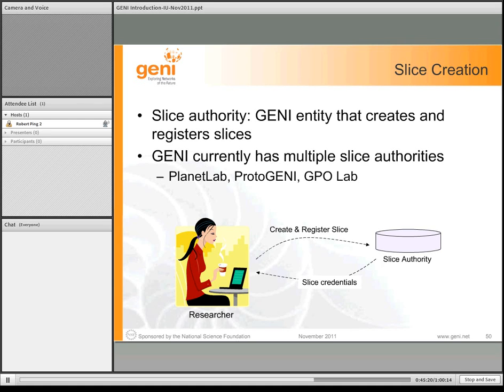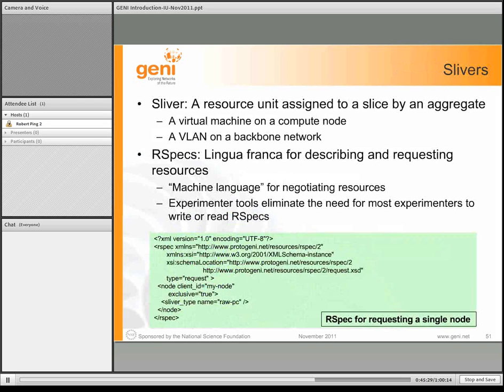So then you have a slice, and now you add resources to the slice. In GENI, resources that are assigned to you are called slivers. A sliver is a resource that you get from an aggregate. If you go to PlanetLab, for example, it's a virtual machine. So those from PlanetLab can have multiple versions.